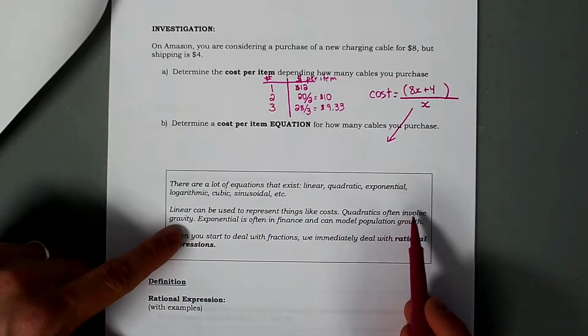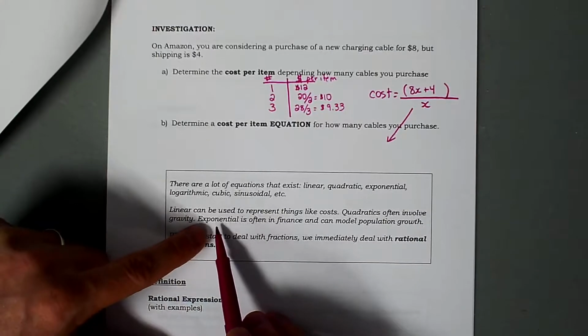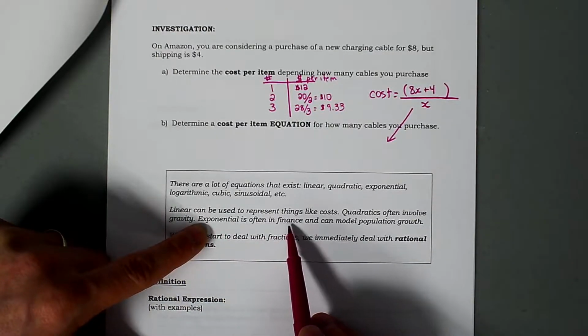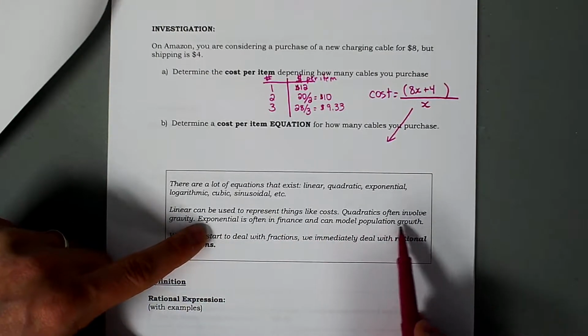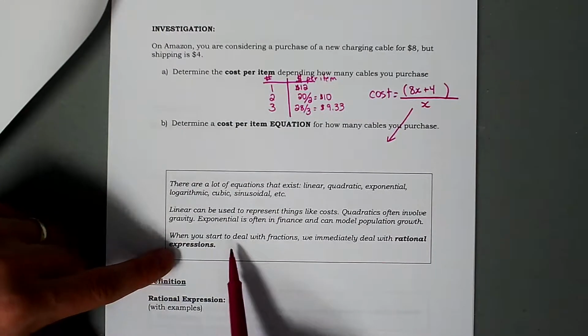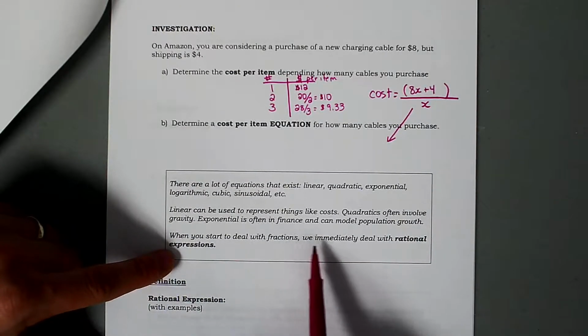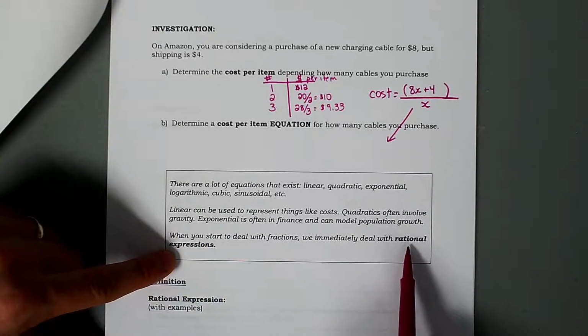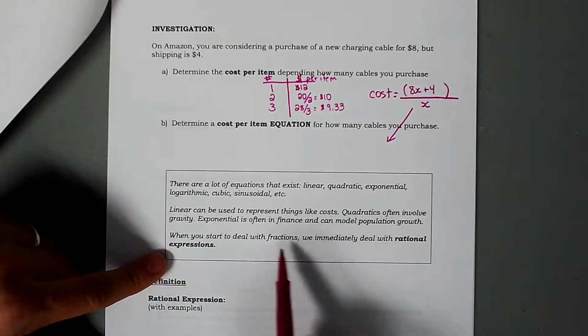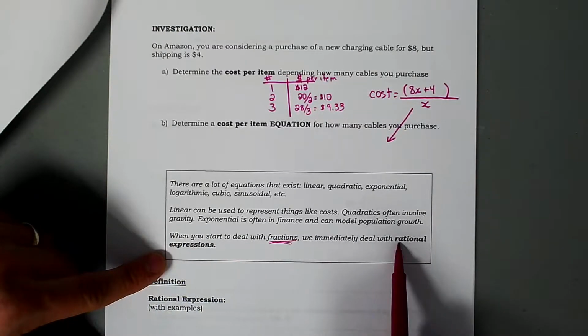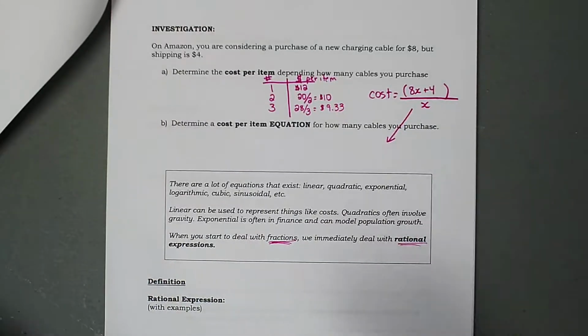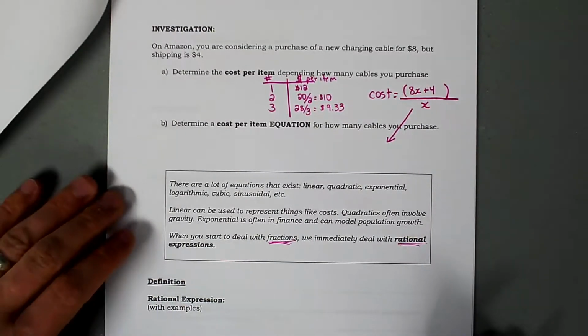Quadratics often involve things like gravity. Exponential functions are often in things like finance and maybe population growth of bacteria. But when you start to deal with fractions, immediately our brain is going to start to go towards rational expressions. So think about fractions and rationals as being very, very related.